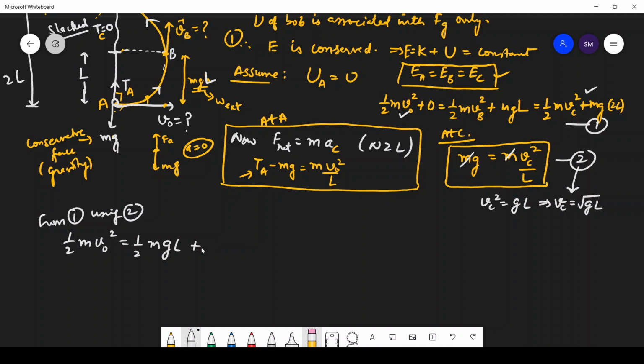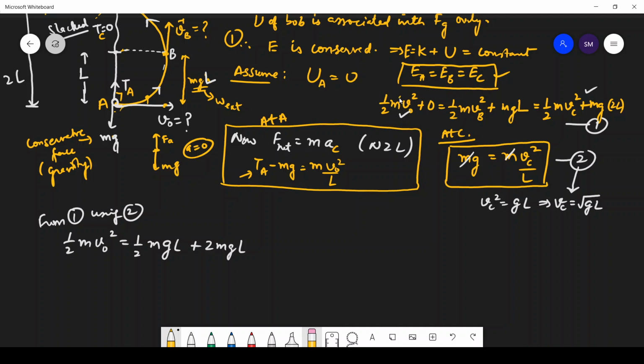and that is 2 mgl, right? So what this equals to? So multiply both sides with 2. What do we get? And m will be cancelled out, of course.